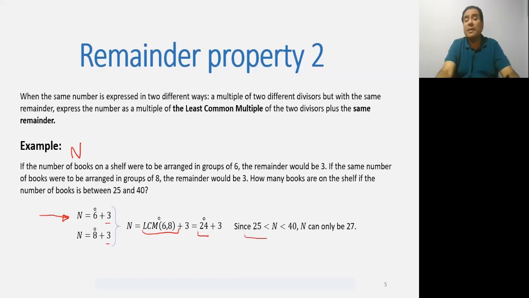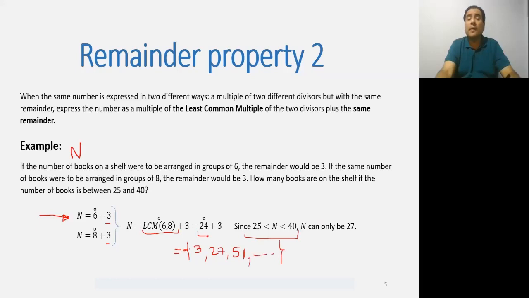Because you know that n must be a number greater than 25 and less than 40, possible values for n would be a multiple of 24 plus 3, which could be 0 plus 3, 3, 24 plus 3, 27, 48 plus 3, 51, and so forth, right?